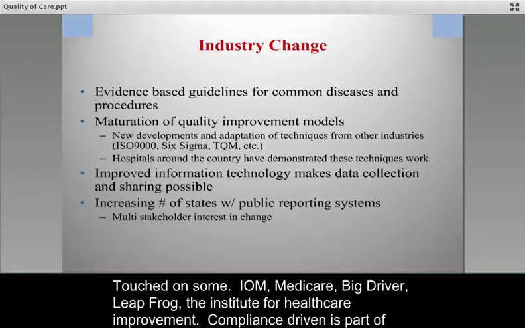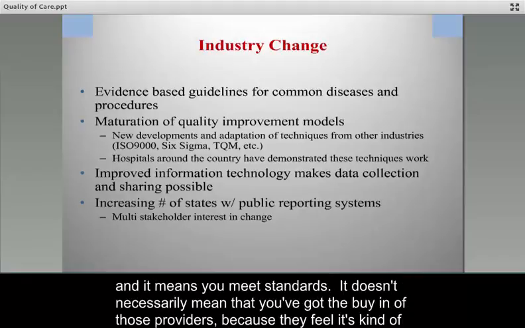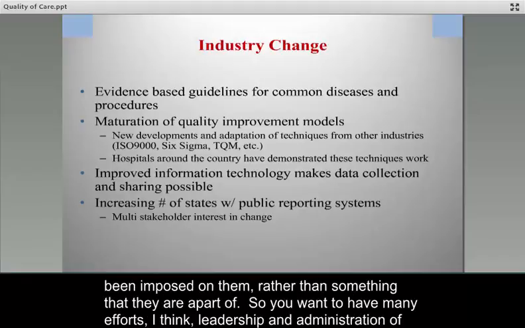Compliance-driven is part of what's happening. If you're asked to report data and you're measured against others, that's kind of leaving providers a little reactive. And it means that you meet standards. It doesn't necessarily mean that you've got the buy-in of those providers because they feel it's kind of been imposed on them rather than something that they are part of.